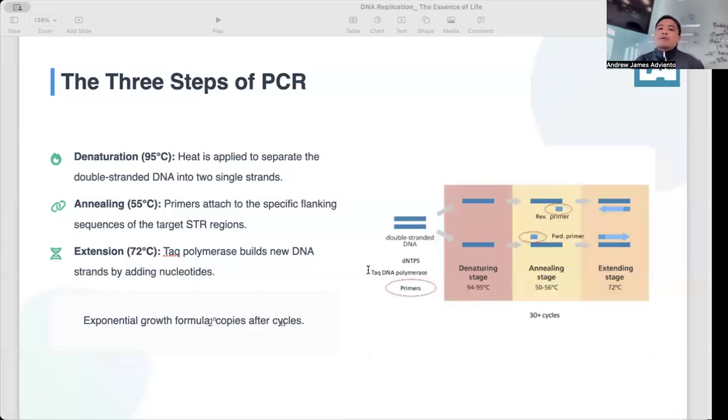So we drop the temperature to 55 degrees Celsius so primers can find the start and end of the STRs. Then finally, we extend. At 72 degrees Celsius, an enzyme called Taq polymerase builds the new strands. So every time we run this cycle, the amount of DNA doubles. After 30 cycles, we have over a million or a billion copies.